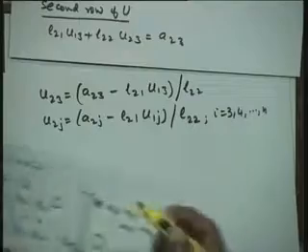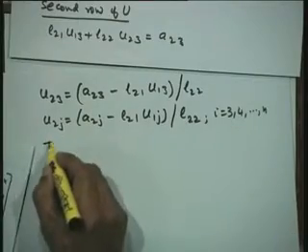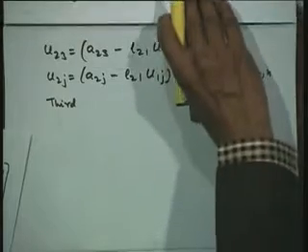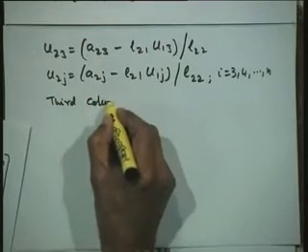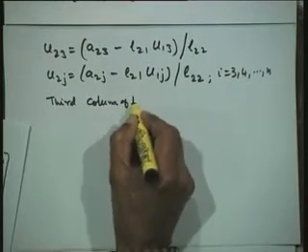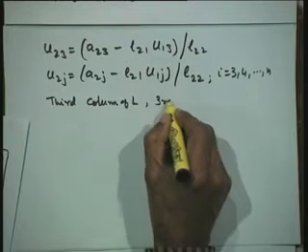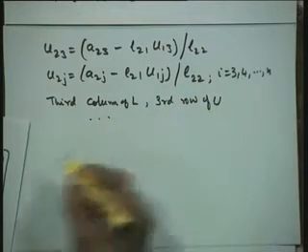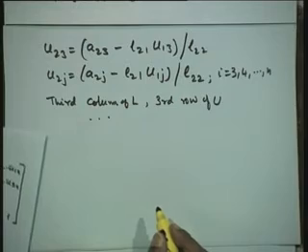Now, the entire set that I had written here can now proceed on. We now go to the third column of L, then third row of U and so on. So, this is how we proceed in the actual computation.